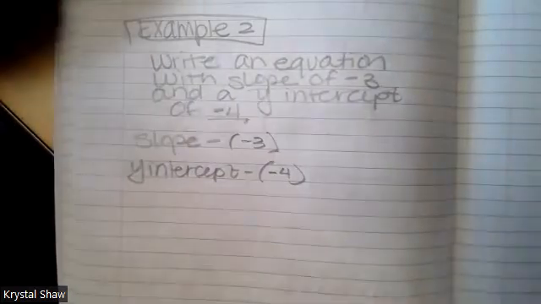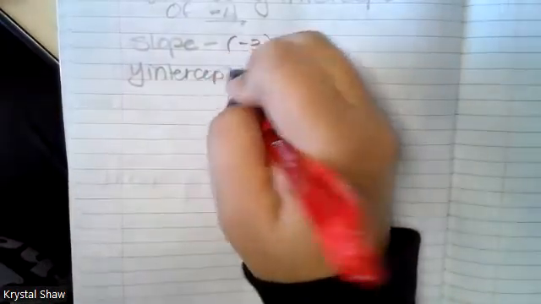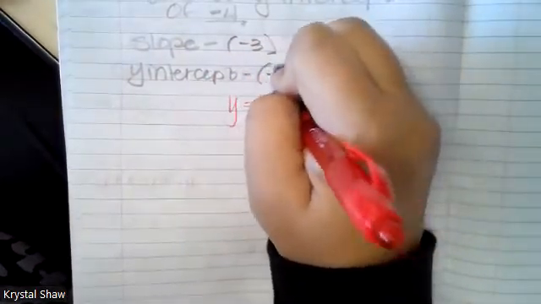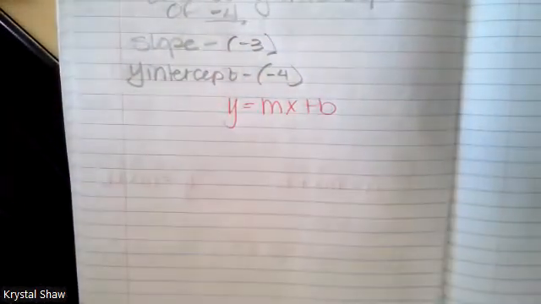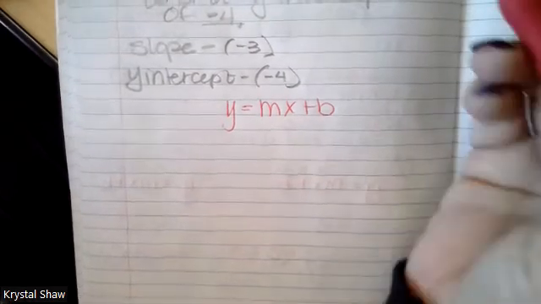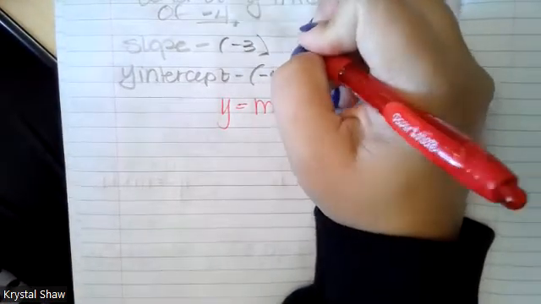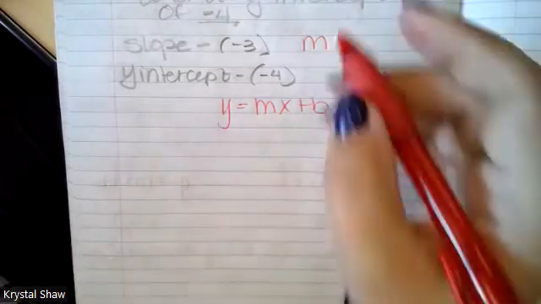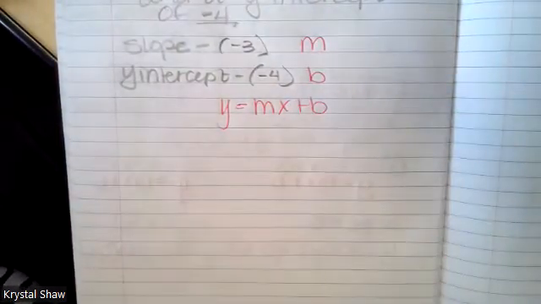Now at this point, I'm going to write down slope-intercept form. So slope-intercept form is y equals mx plus b. As a reminder, my slope is also known as m, and my y-intercept is also known as my b.